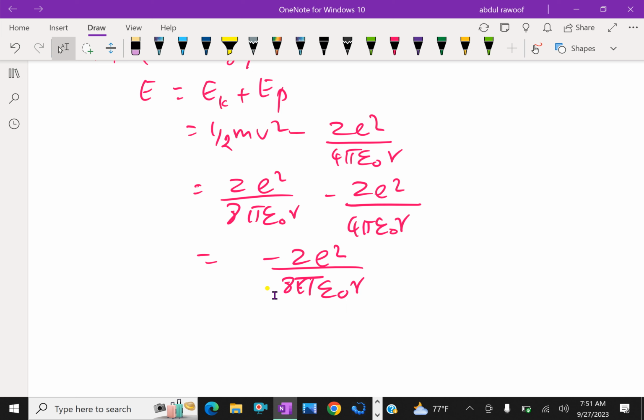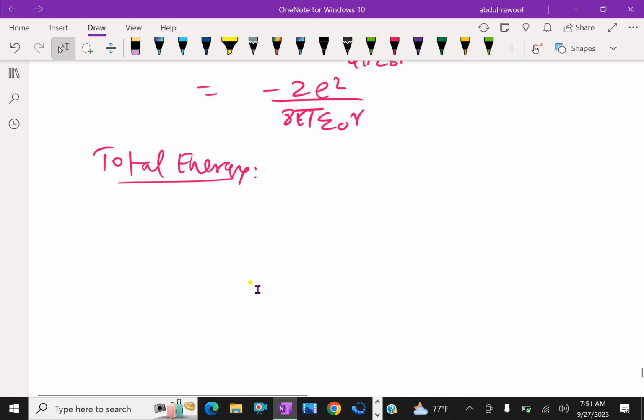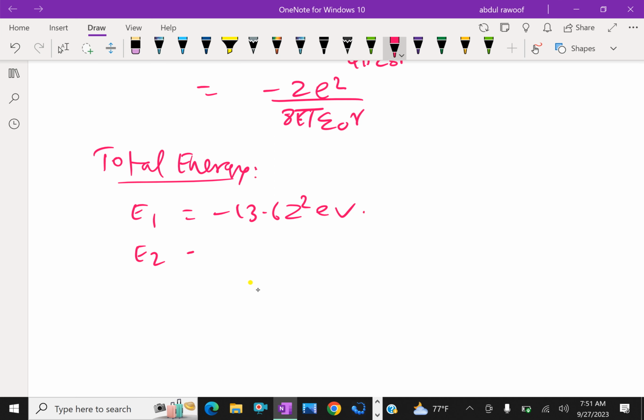Therefore, the total energy by calculation, remember the values. The total energy of an electron in the first orbit is E1 equal to minus 13.6 Z squared eV. For the second, it is minus 3.4 Z squared eV.